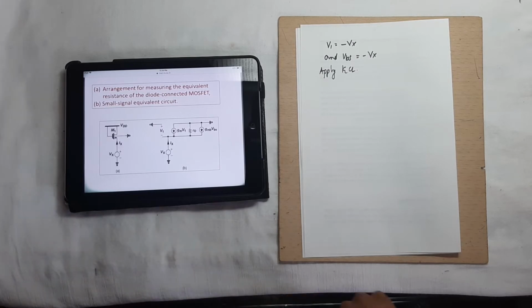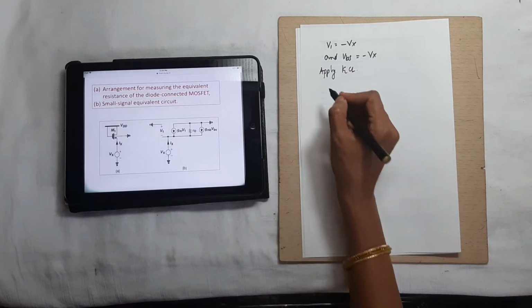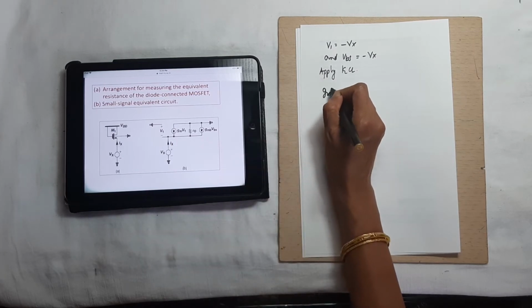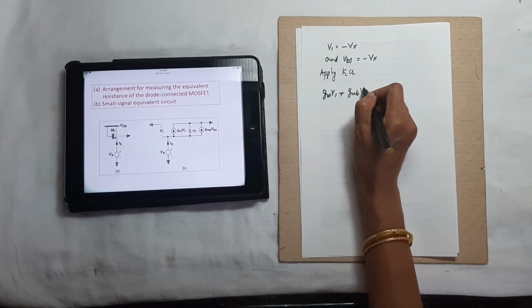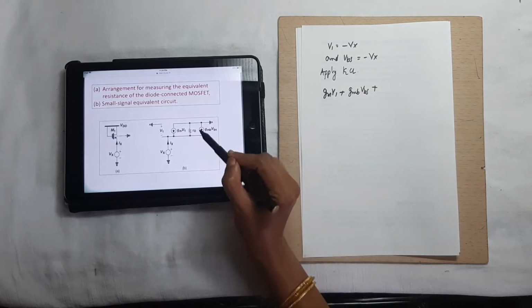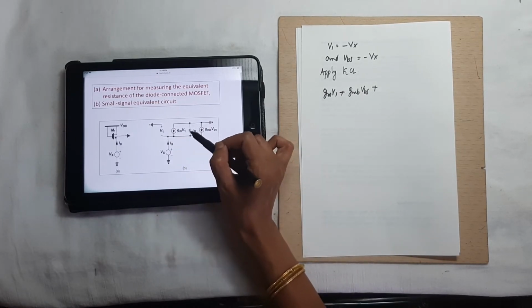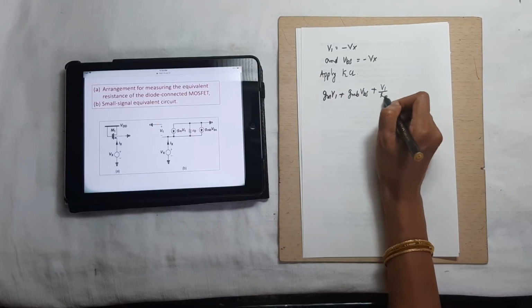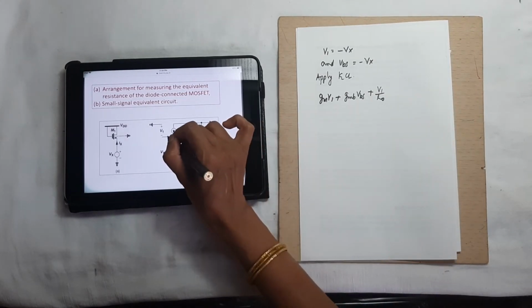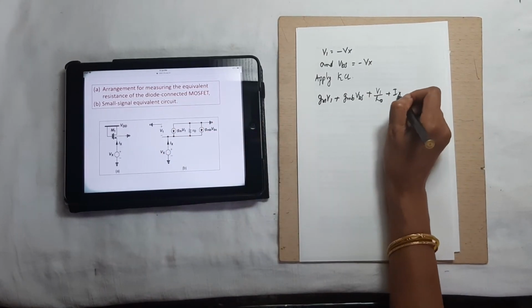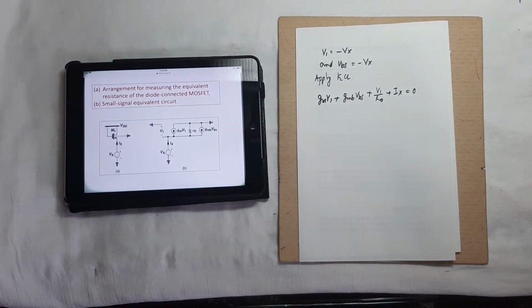When we apply that, we have gm times V1 plus gmb times VBS plus the current flowing through R0, which is V1 divided by R0, and Ix is also an incoming current at this node, plus Ix equals 0.